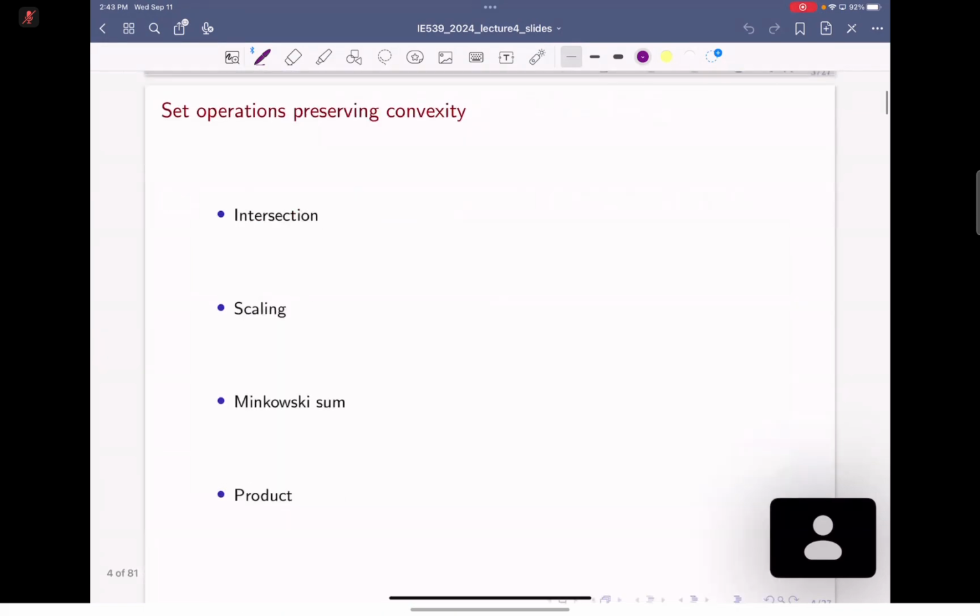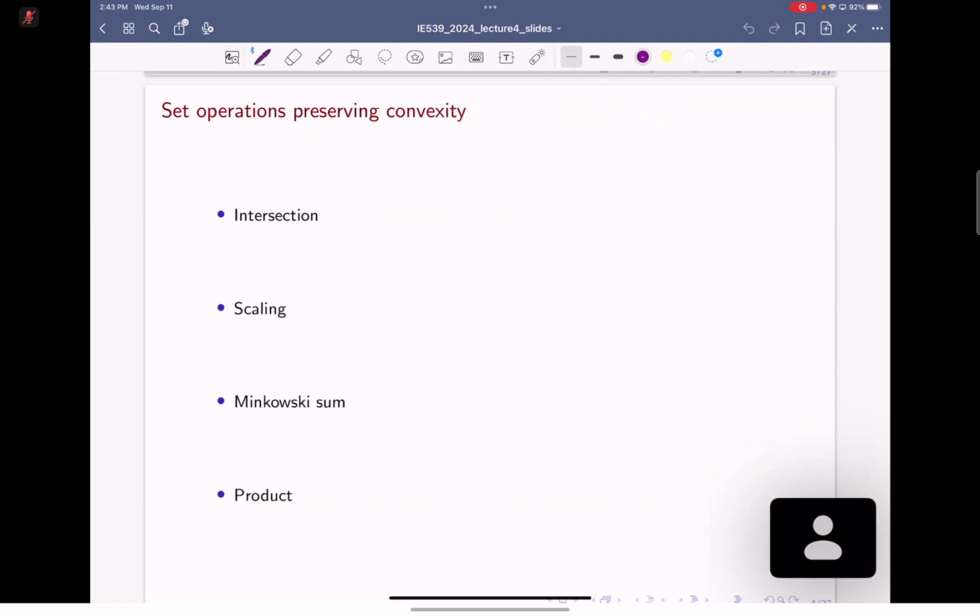Great. Okay. So I spent a few minutes last time on Monday going through the set operations and function operations that preserve convexity. But let's review this together again. The idea behind it is that we have some simple convex sets, and you can build more complex looking convex sets or functions by applying these operations.